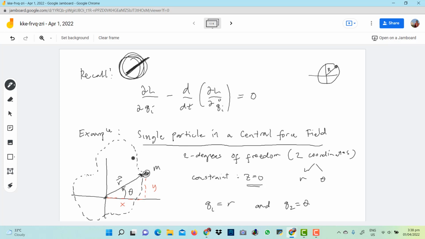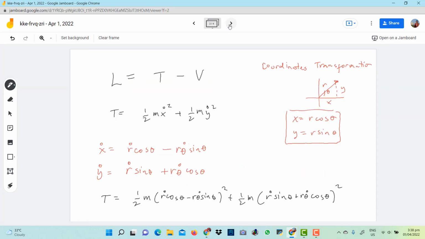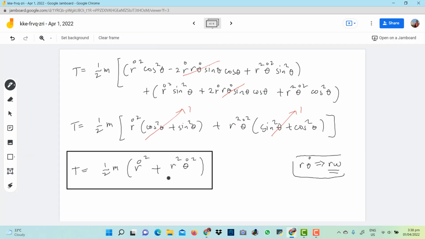If you combine that, the total kinetic energy is the translational kinetic energy plus the rotational kinetic energy. So we have this form for our kinetic energy. Let's familiarize ourselves: we will always see r theta dot quantity squared in the kinetic energy if our particle is moving in a circular, rotational motion.